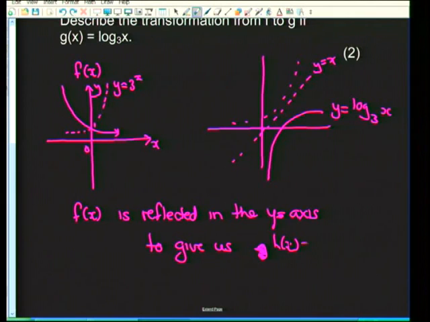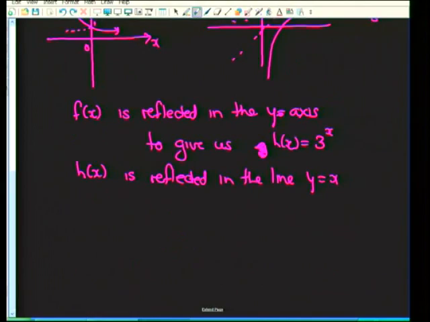And h of x would equal 3 to the x. H of x is reflected in the line y equals x. And that gives us g of x, which is log to the base 3 of x. So that's how I would describe it.